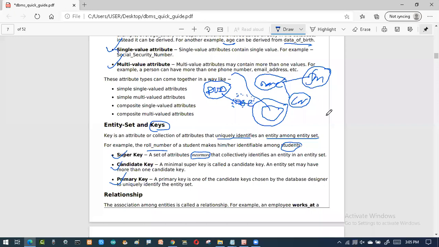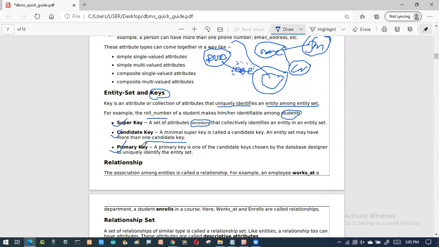From that, we should identify the correct entity using one or more attributes. A candidate key is a minimal super key. An entity set may have more than one candidate key.